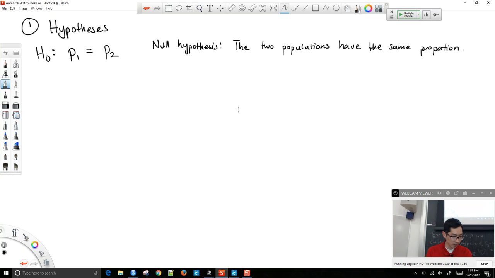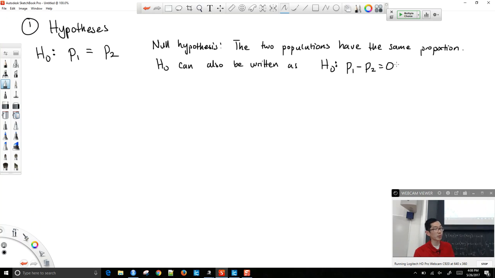The null hypothesis can also be written as P1 minus P2 is equal to 0. One thing to note is that the null hypothesis always has an equal sign. This was true last time, and it's still true.